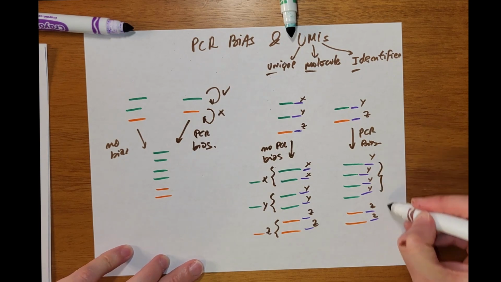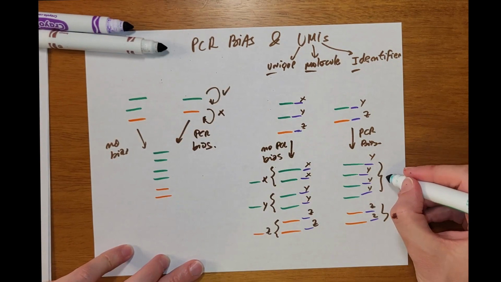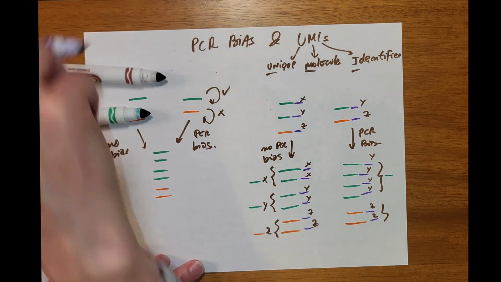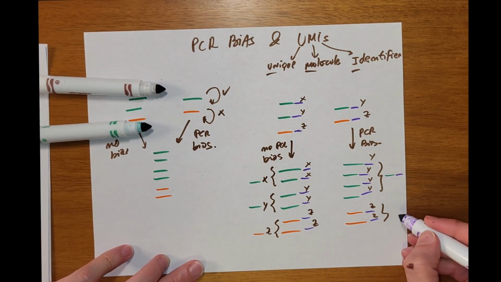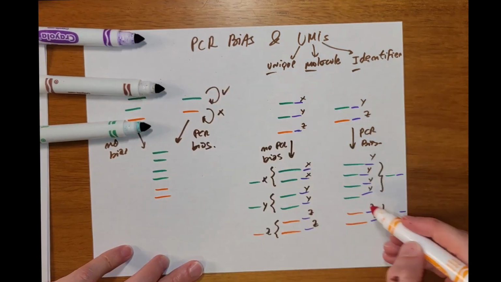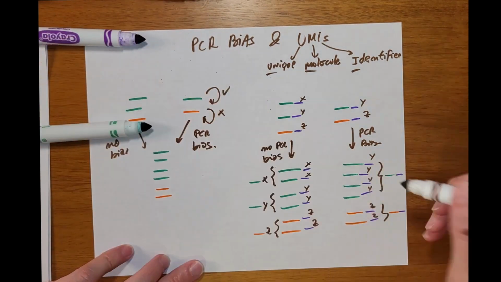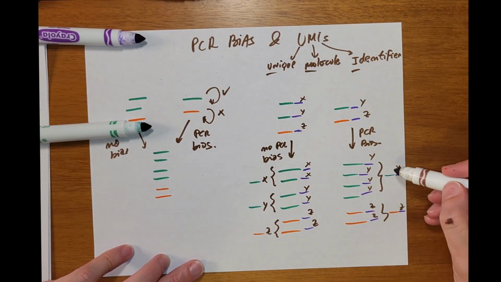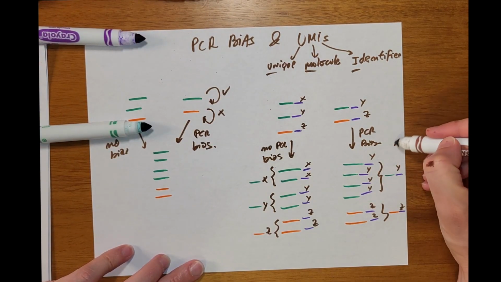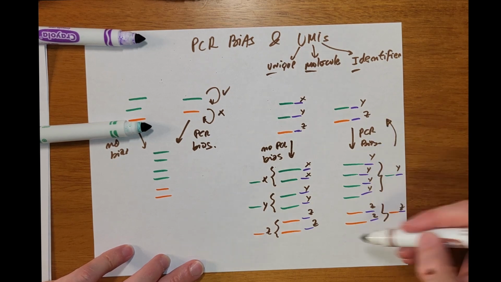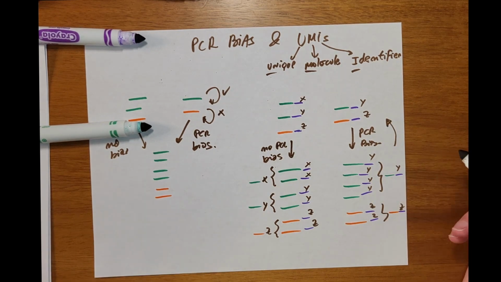But then when we go and we collapse here, we only have 1 green read with 1 molecule identifier and 1 red or orange read with 1 molecule identifier. And here we recapitulate what we have, and so we can manage that PCR amplification bias.